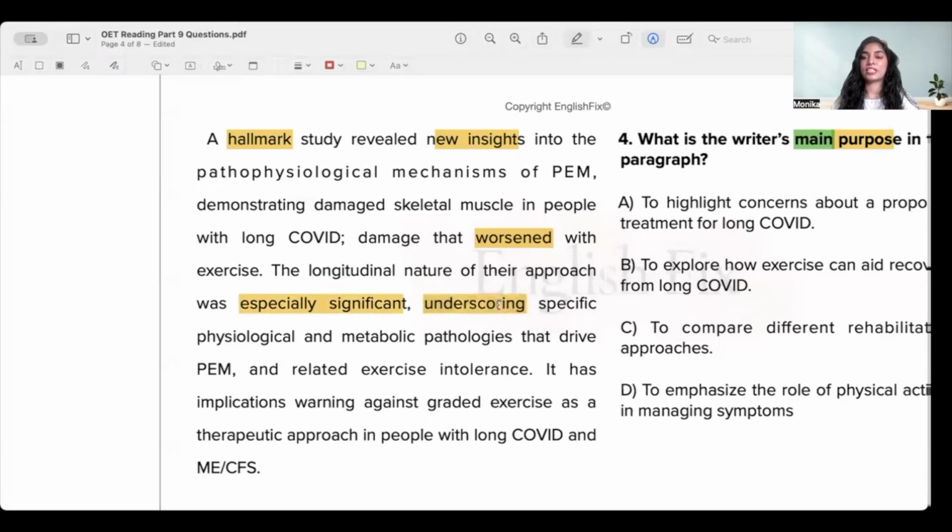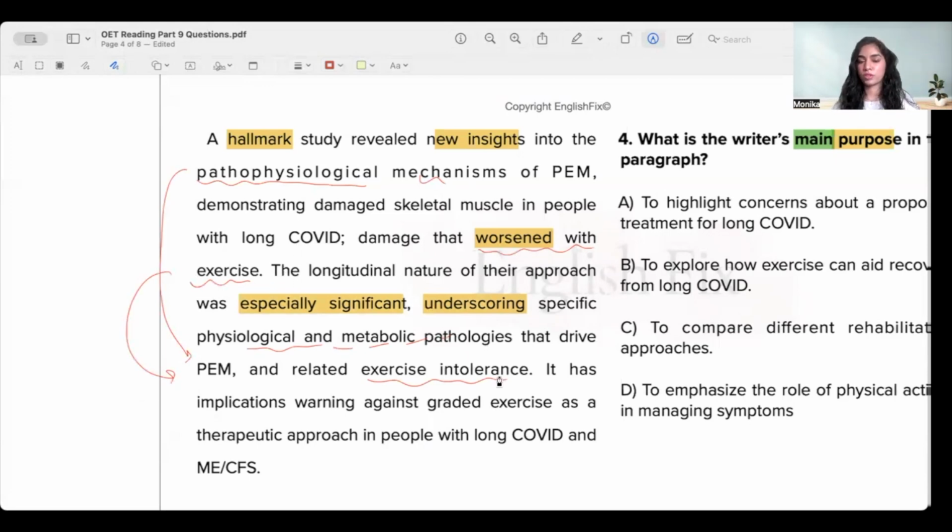Underscoring, highlighting, proving specific physiological and metabolic pathologies that drive PEM, which they have mentioned here as well, and related exercise intolerance that they also mentioned here. When they said that it worsened with exercise, that means it is not tolerated. Exercise intolerance. So I see the same thing being repeated here.